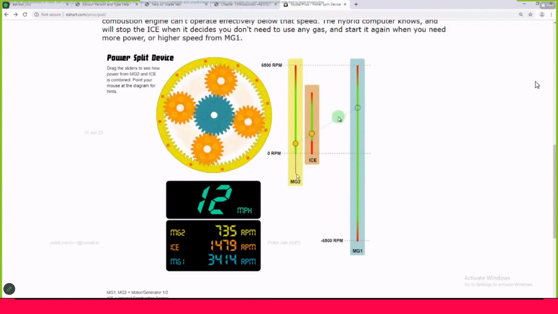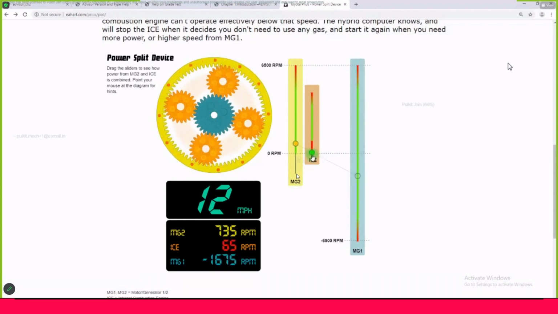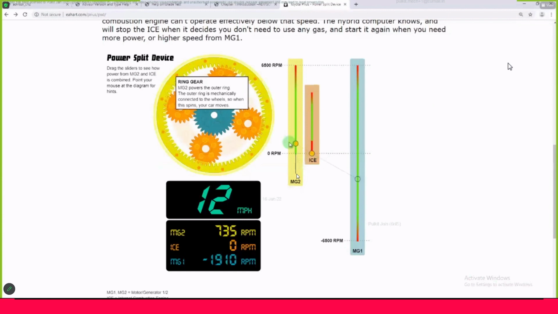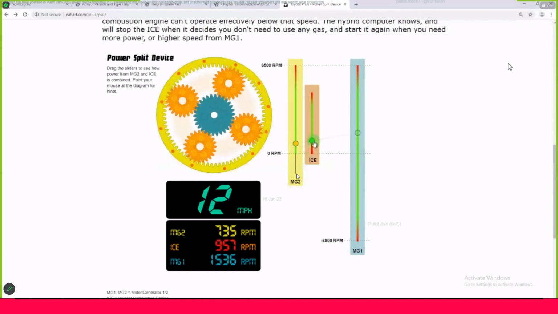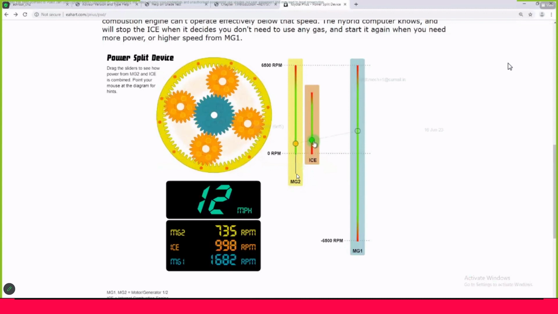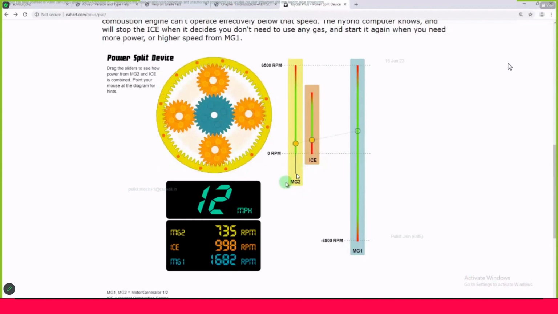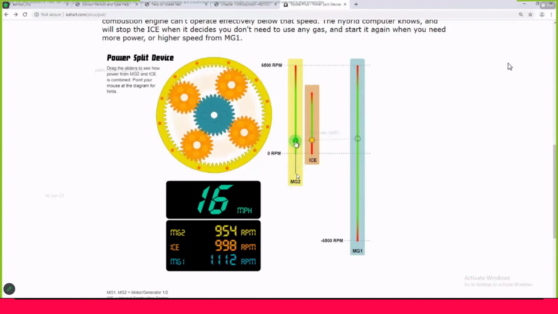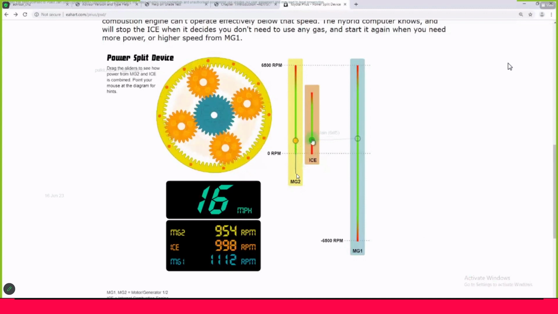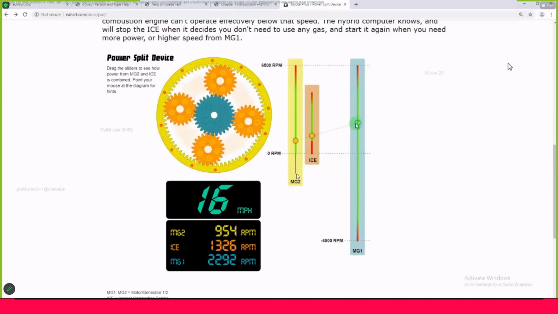So here, if I make this engine RPM 0, you can see this part is not rotating, and the moment I increase it to some value, this will start rotating. So main motor generator 2 is controlling the speed of the vehicle, and all other two elements are matching with each other through a line.